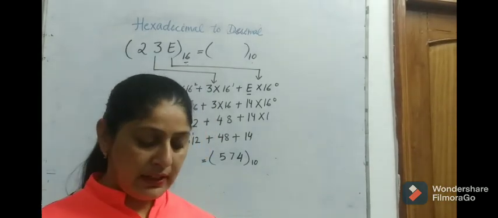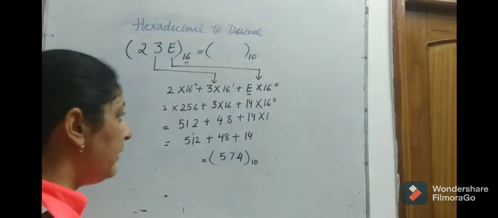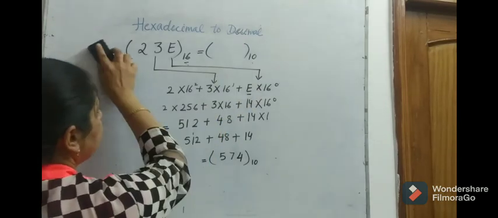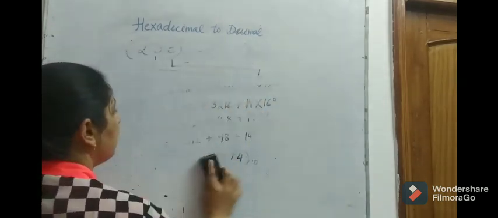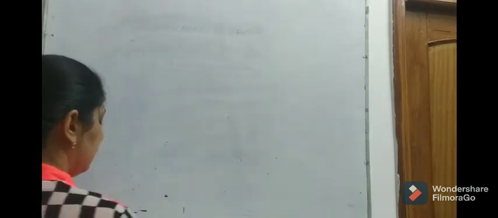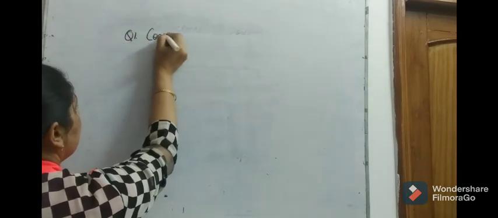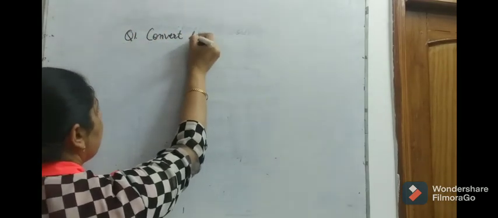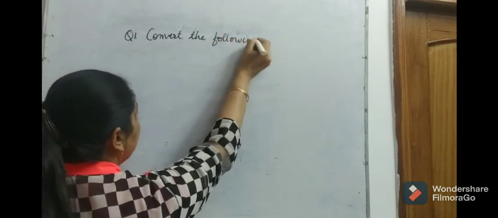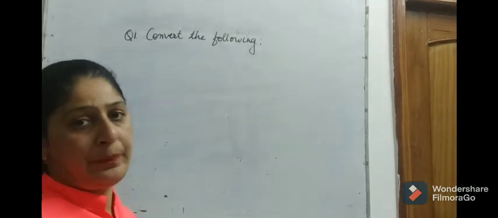Just now I was also telling you how you will get questions in the exam. The kind of questions you're going to get in exam will be somewhat like this. It will say convert the following, and you have to see yourself which number system is to be converted into what.